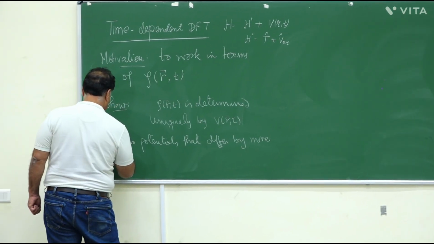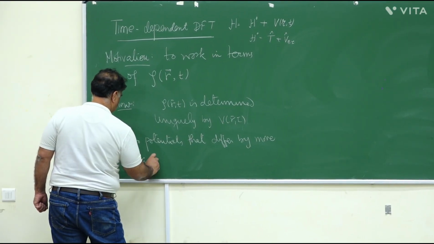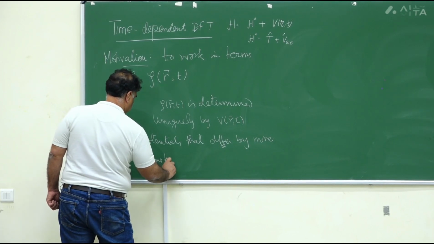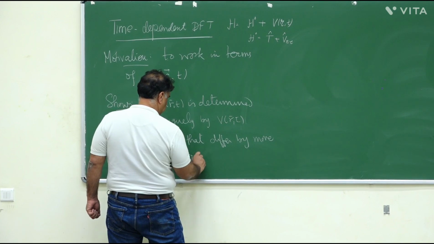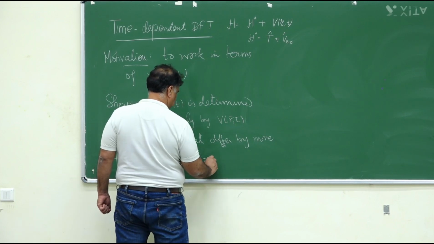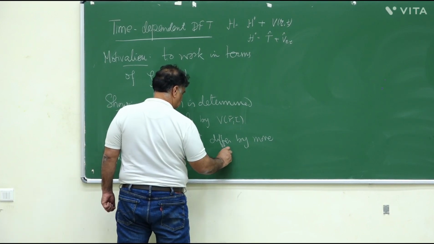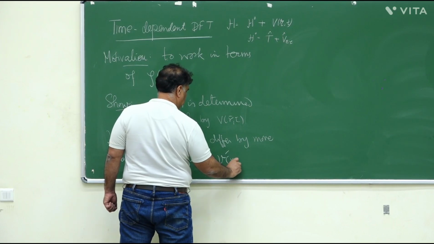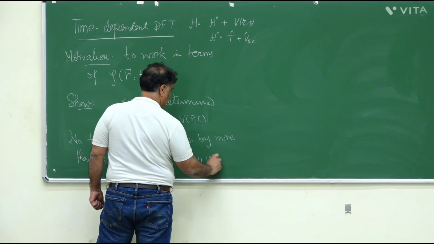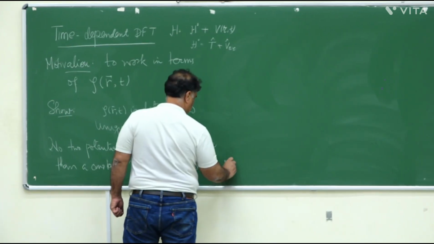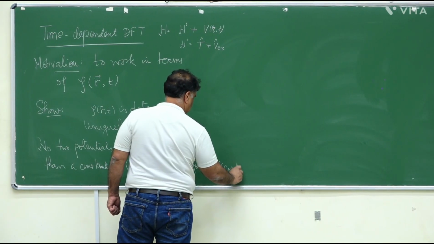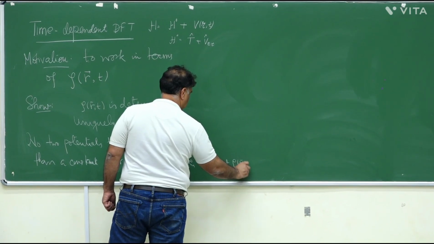That means v(r,t) and some other potential v'(r,t) will give different rho(r,t).